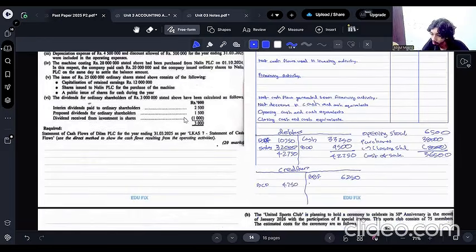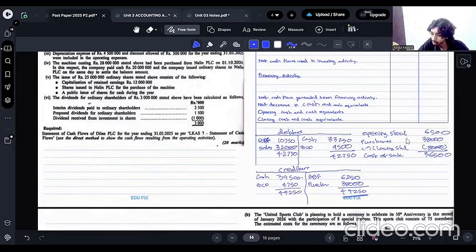Okay, and you can say here purchases 38,000. So then 38,000 plus 6,250, 44,250. 44,250 minus 4,750, that will be 39,500. Here you can say, okay, for this you can say cash purchase.